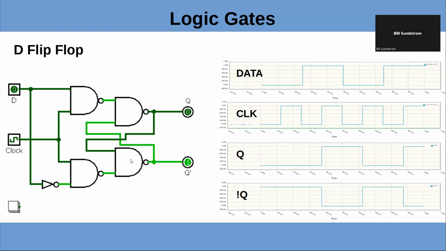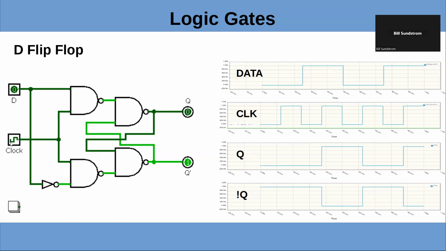So if we take these 4 NAND gates and an inverter and put them together like this, so there's basically feedback, it will create what we call a flip-flop, where it'll maintain a state until you change it, and then it retains that state until you change it again. So in the case of this configuration, which we call a D flip-flop, it's also called a register because we use it to store information.